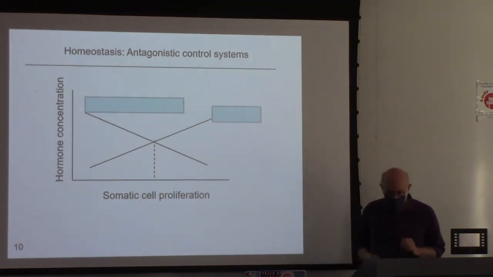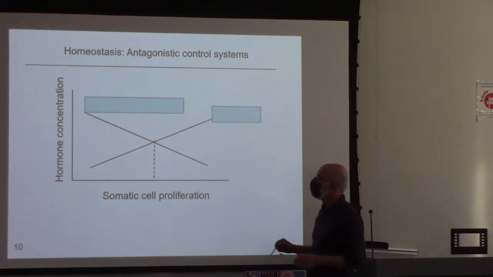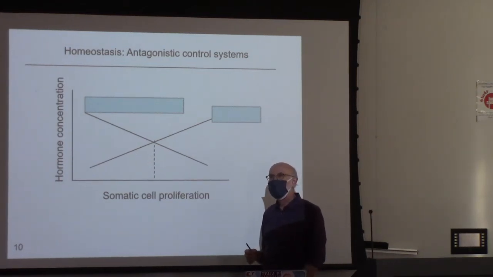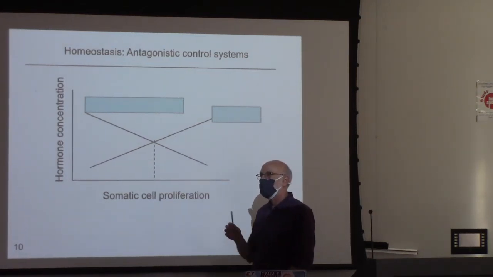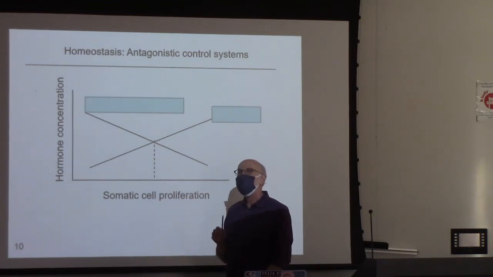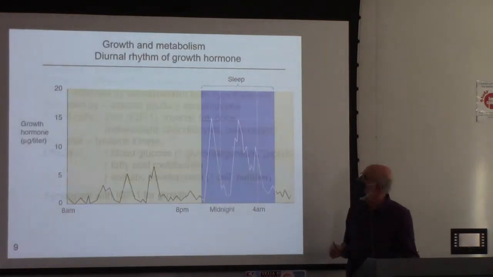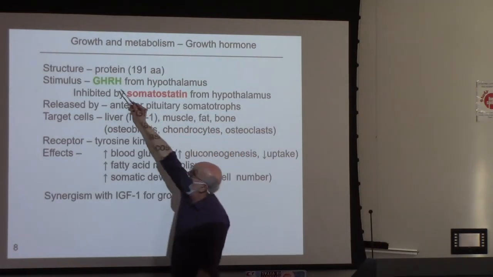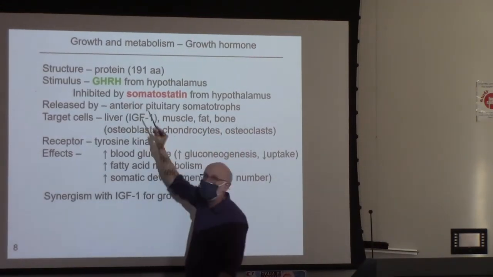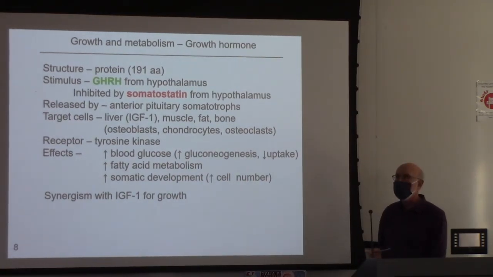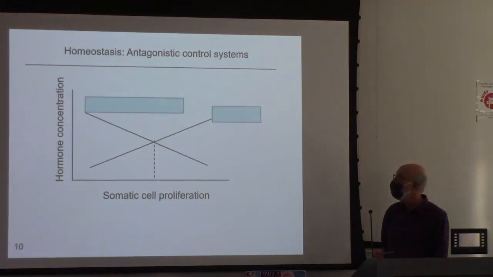Here's a slide that I gave you with blanks in it. Let's think about the homeostasis of the production of growth hormone. It's stimulated by GHRH, inhibited by somatostatin. Antagonistic control of GH production.